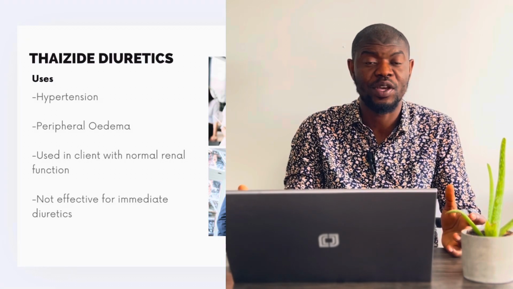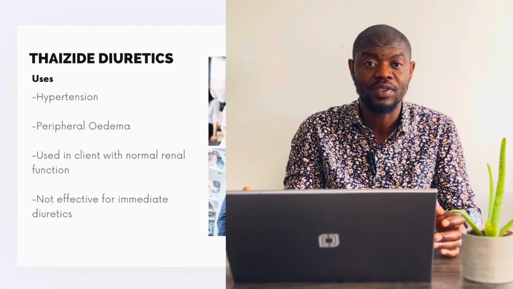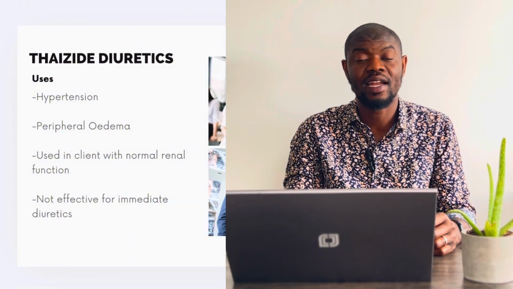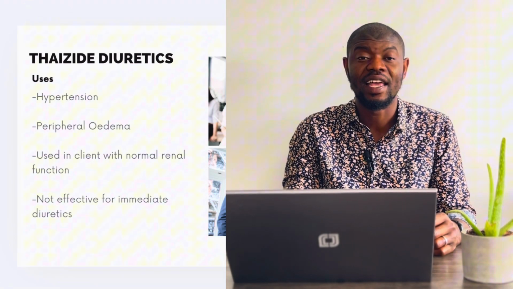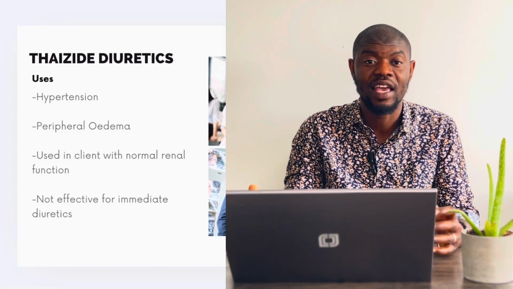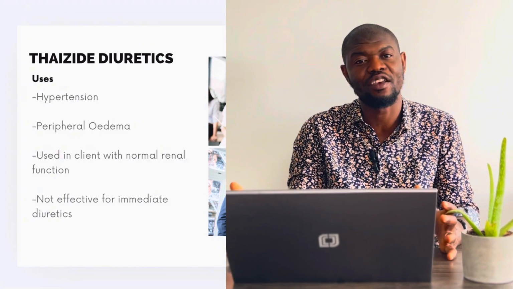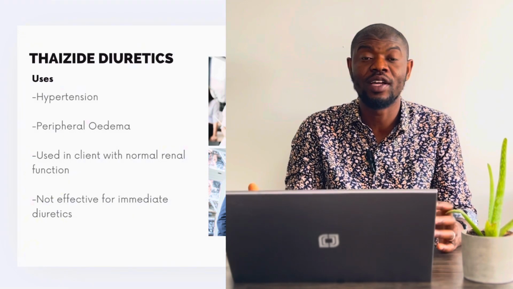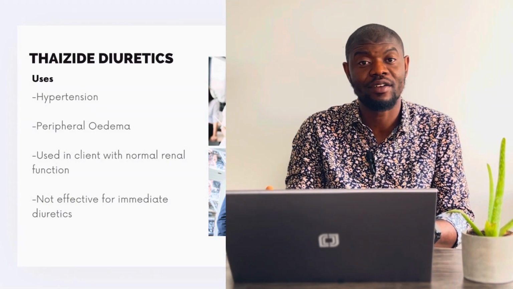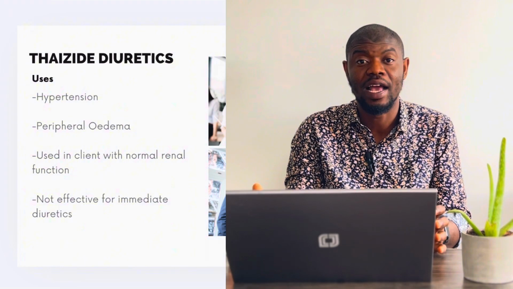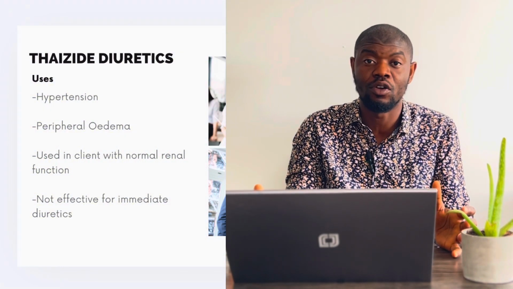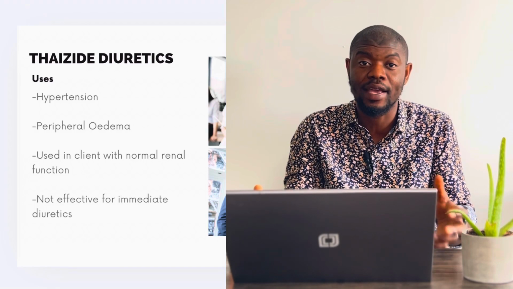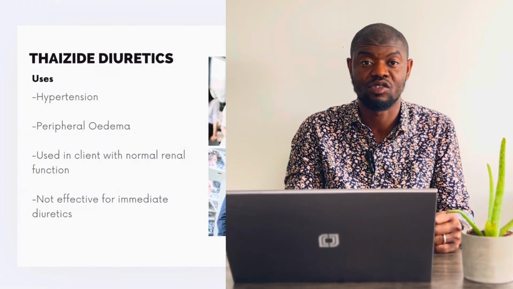So once a patient has good renal function, then thiazide diuretics are ones you can use. The other thing I need to mention is that it is not very effective in immediate diuresis. So if you are looking to get a patient offloaded quickly, then thiazide diuretics are not your go-to. You want to go for loop diuretics, which act relatively quicker to help solve your problem.